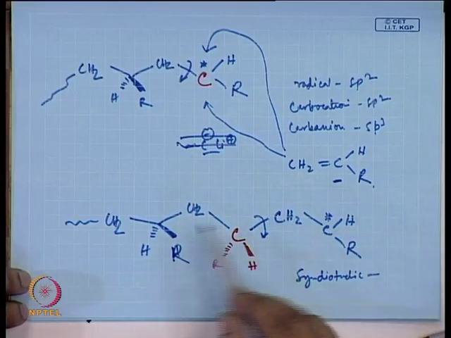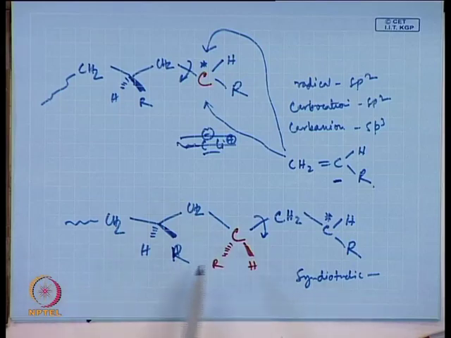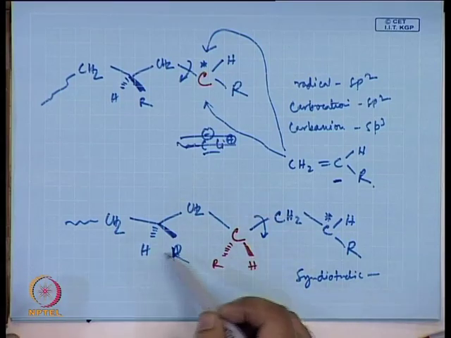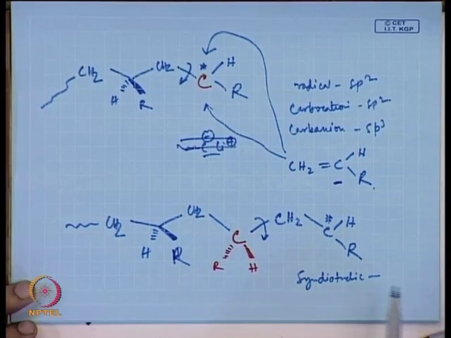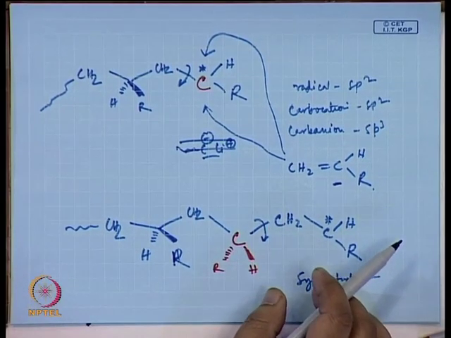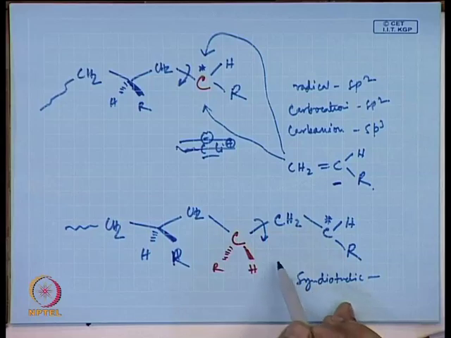And in that case, if there is random orientation of the two asymmetric carbon atoms, then you are going to get an atactic molecule. So, if you decrease the temperature, you increase the tendency of syndiotactic formation, and if you increase the temperature, then the preference will be lost.